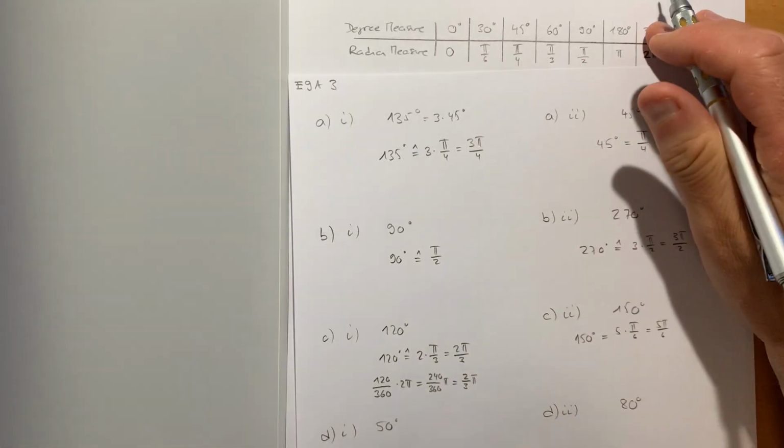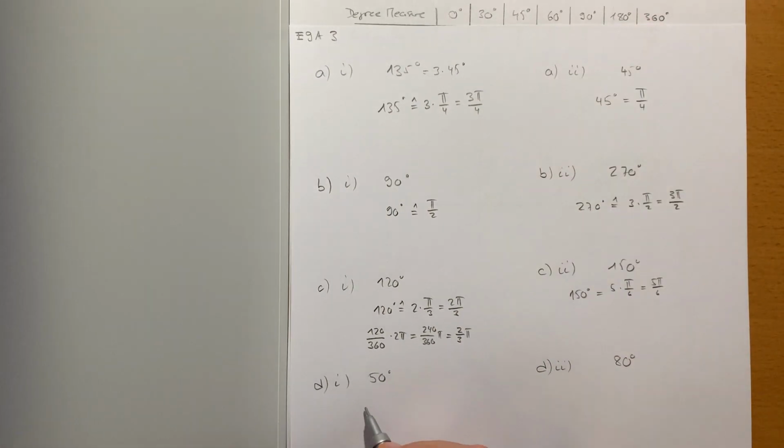So what you do is you say 50 360ths of 2 pi. Well, you can easily simplify this to 5 over 36 times 2 pi. Well, you can simplify the 2, so you get 5 over 18 times pi, or 5 pi 18ths.